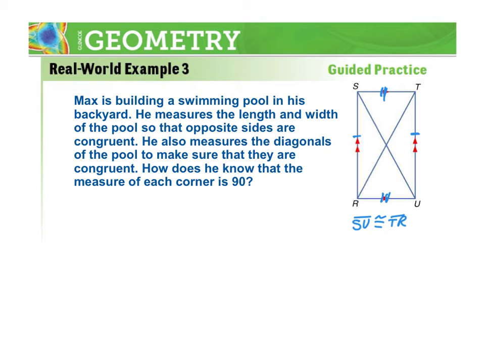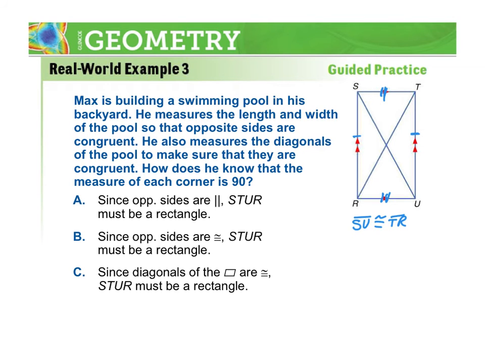Since STUR is a quadrilateral and both pairs of opposite sides are congruent, then STUR is a parallelogram. Then how can Max be sure that the measure of each corner is 90? Since the diagonals of the parallelogram are congruent, STUR must be a rectangle.